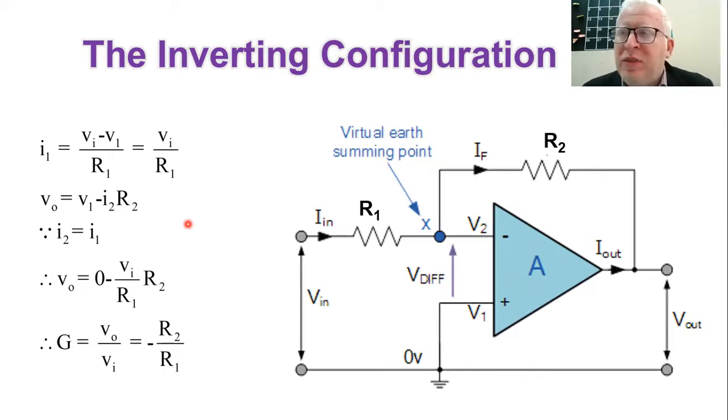You can easily vary their values. Also, there is another important point here, which is this negative sign. This negative sign means that the configuration is an inverting configuration. So if you have a positive input voltage, you will get a negative output, and vice versa, of course. That's why we call this the inverting configuration.